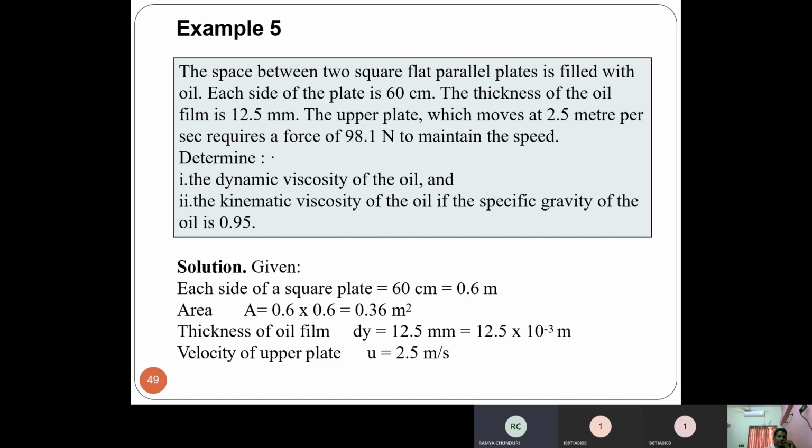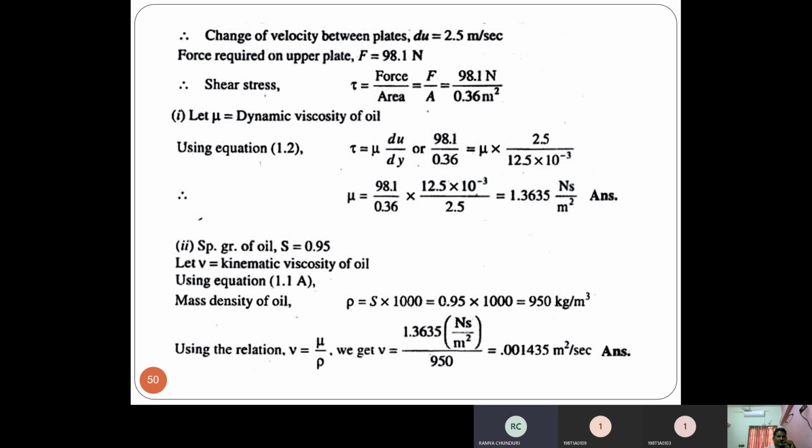Then velocity of the upper plate u is equal to 2.5 meters per second, and the change of velocity between the plates du is equal to 2.5 meters per second. Now, force required to maintain the speed on the upper plate is F is equal to 98.1 Newton.